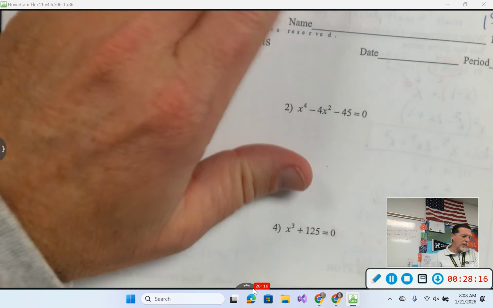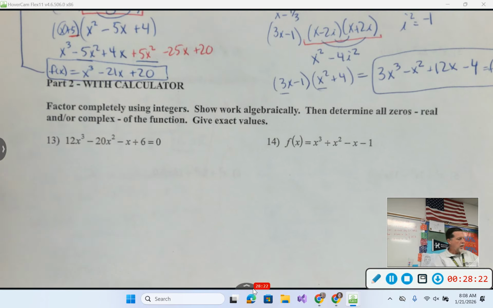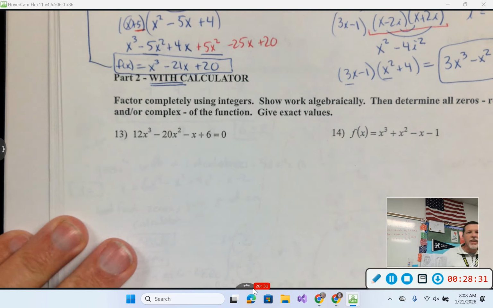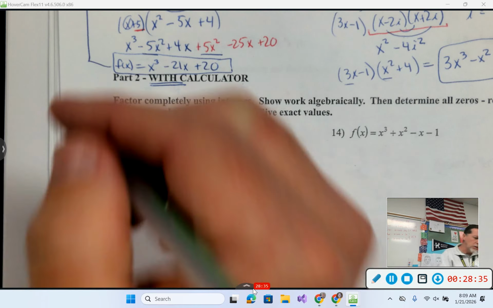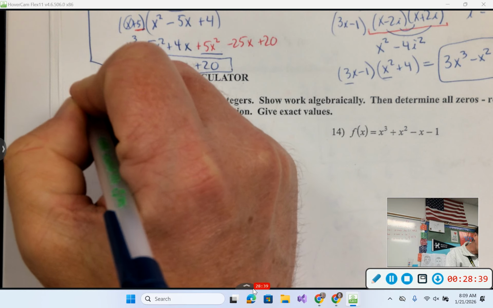Okay, today's assignment is that same worksheet. And the good news is there's nothing new tomorrow. We're just going to practice some more tomorrow. So picking up with part 2 with calculator, meaning we can continue to cheat and use our calculator to find some zeros. Today is Wednesday.